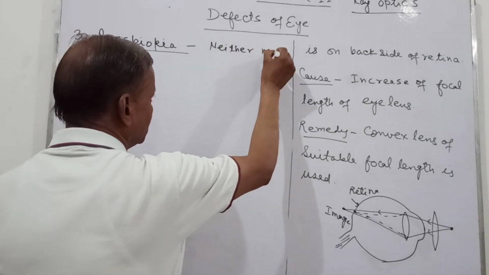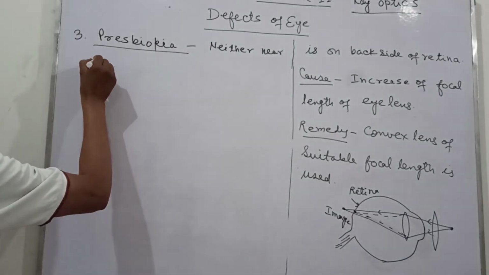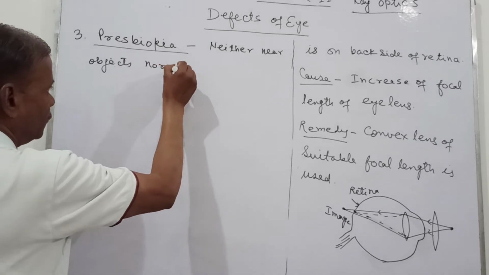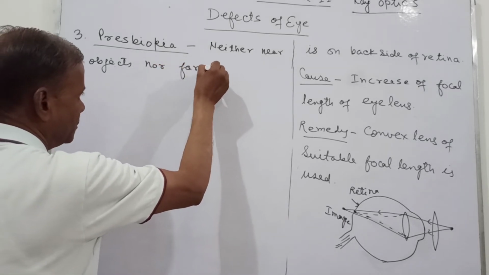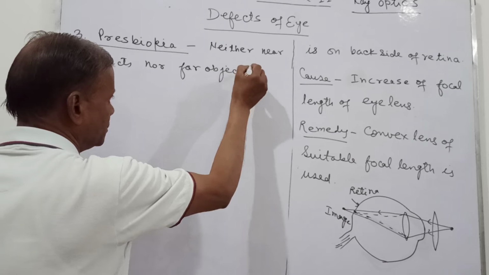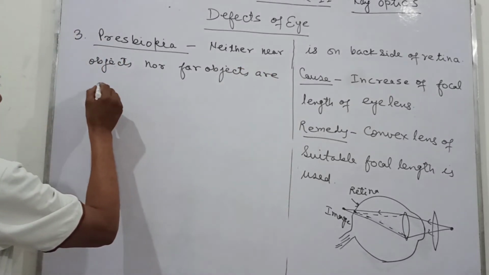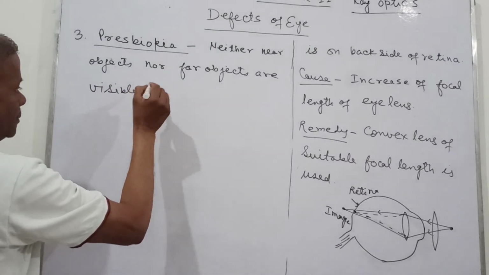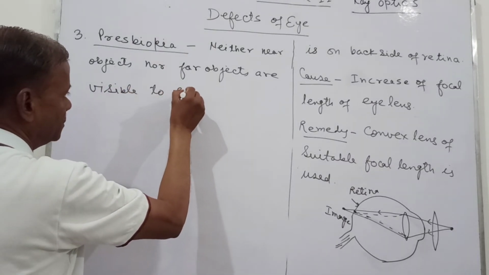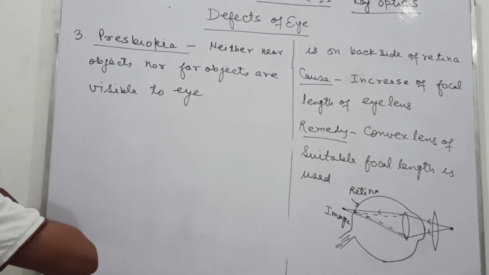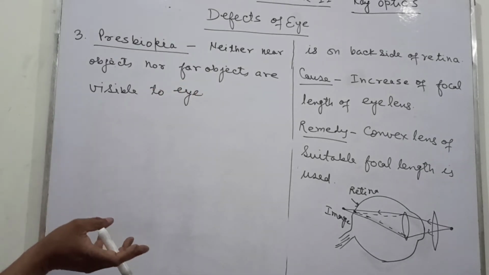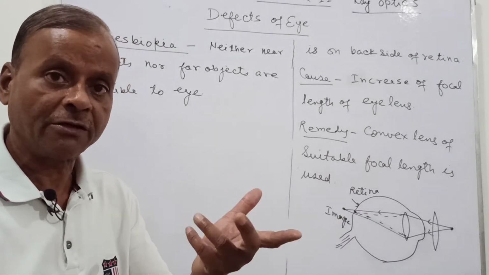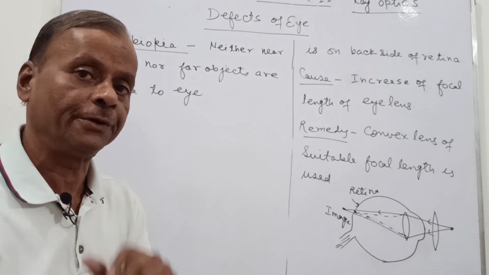Neither near objects nor far objects are visible to the eye. This is because the fluctuation of the focal length is not proper.